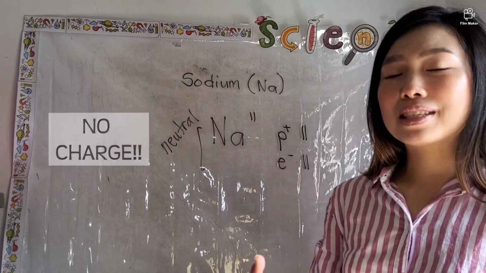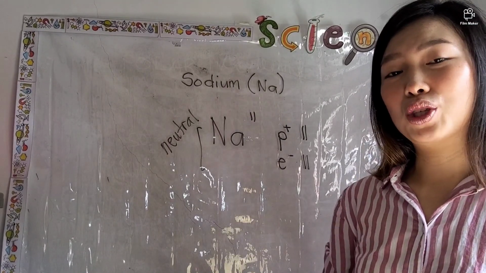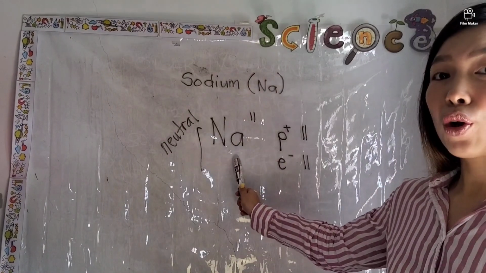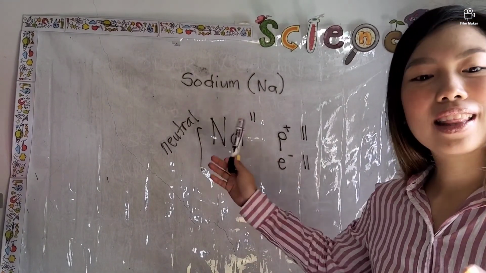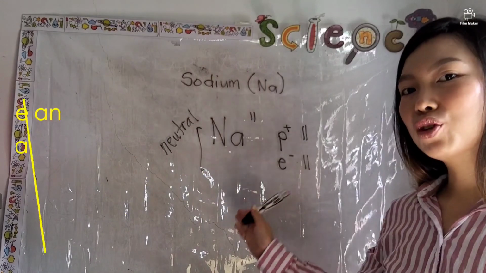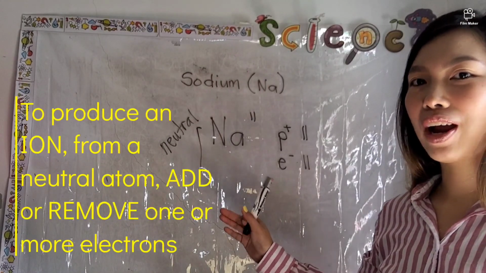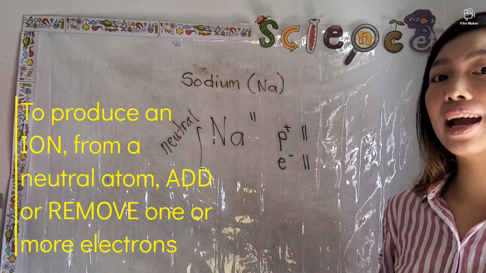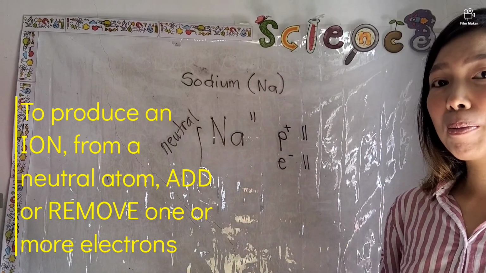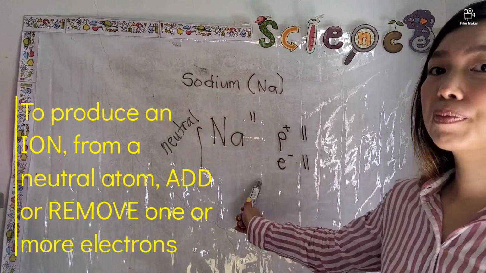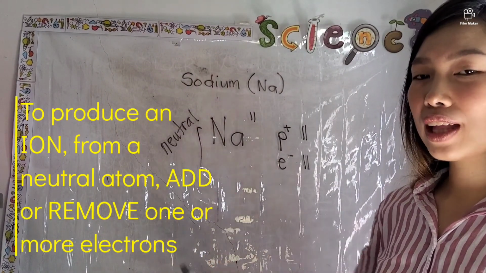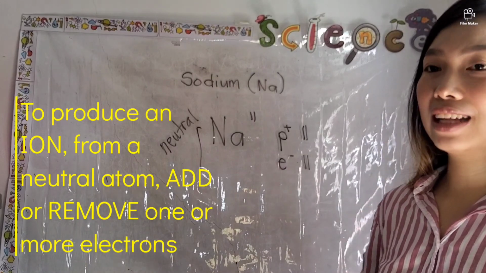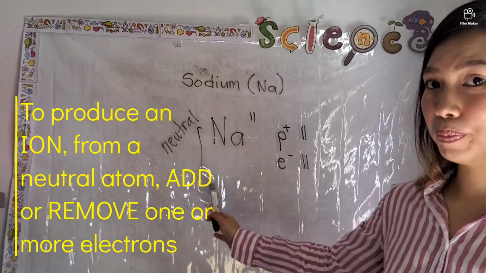So, para makapag-produce tayo ng ion sa isang atom na kagaya ng sodium, kukuha tayo or we will take from the neutral atom either adding or removing one or more electrons. So, para mapakita natin ang kanyang ion, kukuha tayo o magdadagdag tayo ng electrons sa ating neutral atom.